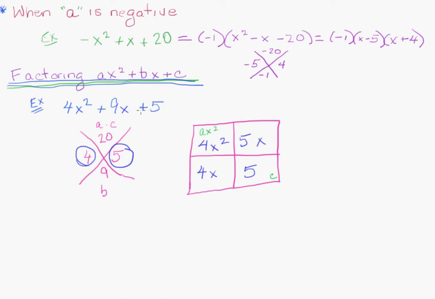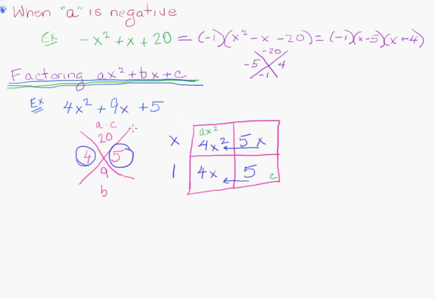In this case, it's only x. Then I go horizontally across the bottom, and I ask what factors out of 4x and 5 that they have in common? They have nothing in common, so I'm just going to put the number 1.